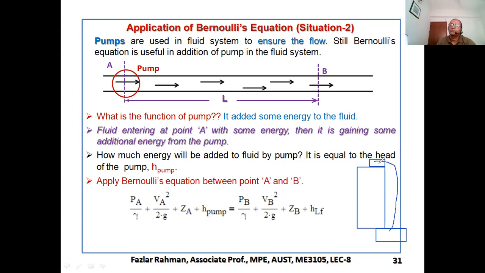How does it go? If I say take a bucket and fill up the tank, how long would it take? A huge time, right? So how does the water flow from the underground tank to the rooftop tank, say a height of about 70 feet? How do you get the energy? Due to the pump. That means the pump adds energy to the fluid. Similarly, what does a turbine do? It absorbs energy from the fluid.